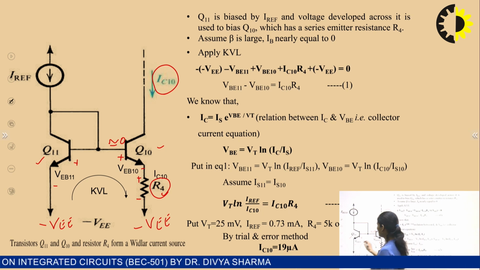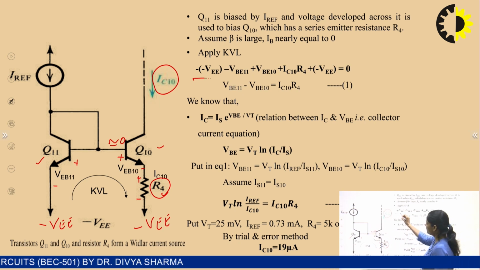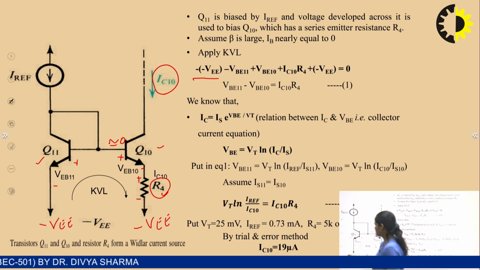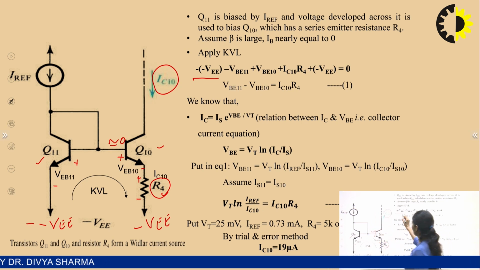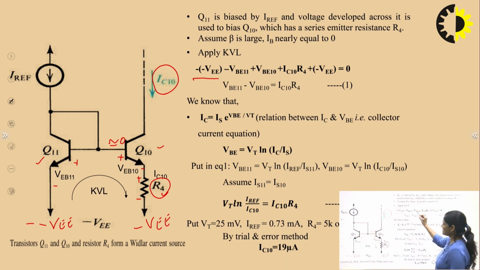So when applying KVL, we have minus VEE, minus VBE, the voltage drop across transistor Q11, plus VEB, the voltage across transistor Q10, plus IE10 R4 minus VEE equals 0.